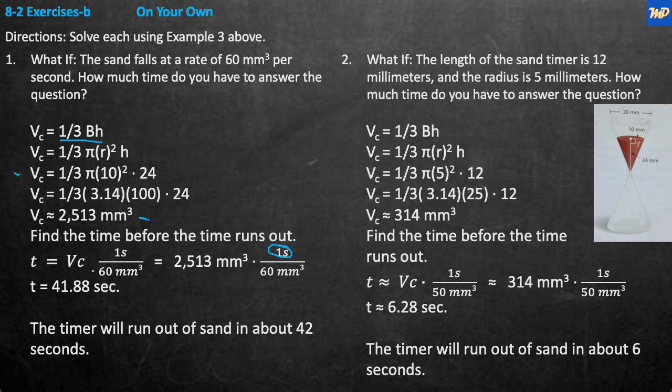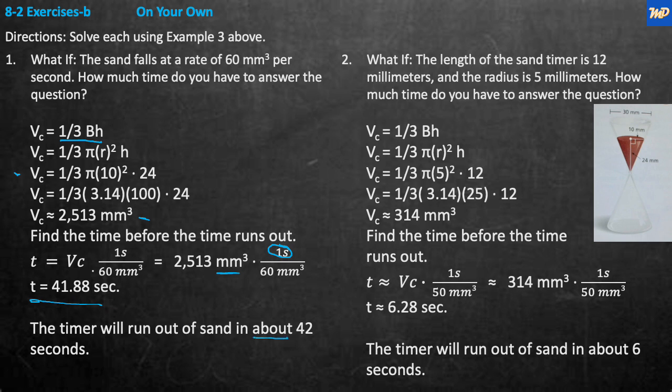So 2,513 millimeters cubed times 1 second per 60 millimeters. So it takes 1 second for 60 millimeters to fall through the tube. So if we divide this 2,513 by 60, we're going to get T equal to 41.88 seconds, or about 42 seconds.